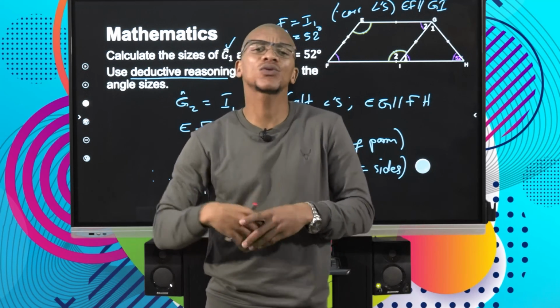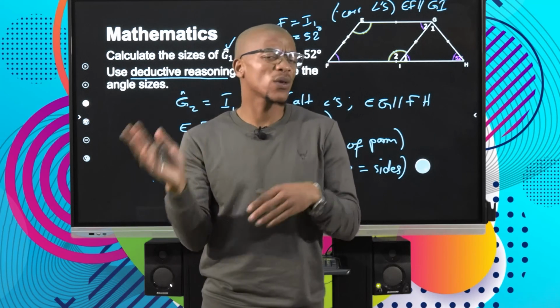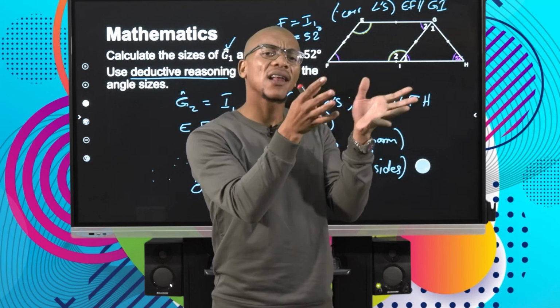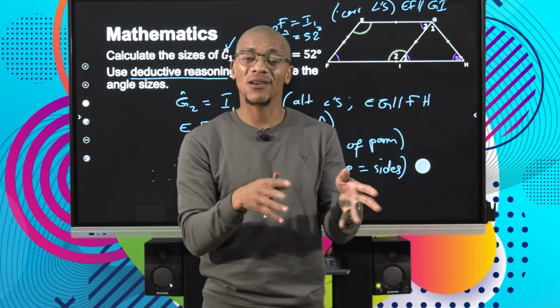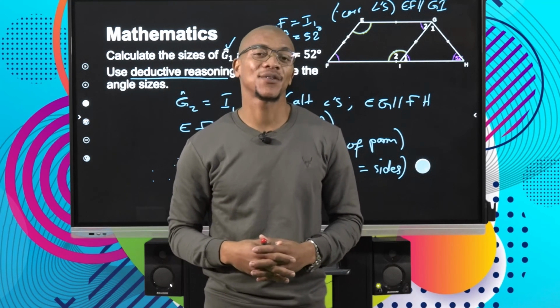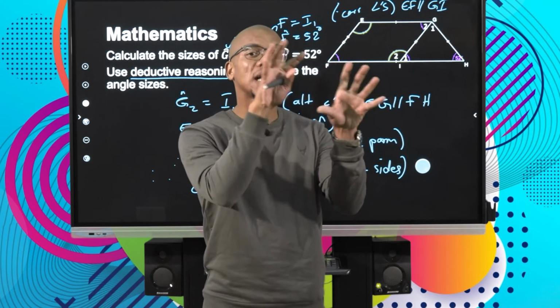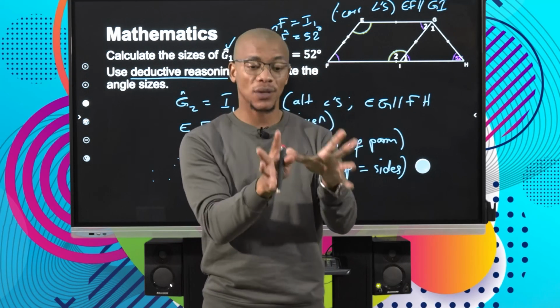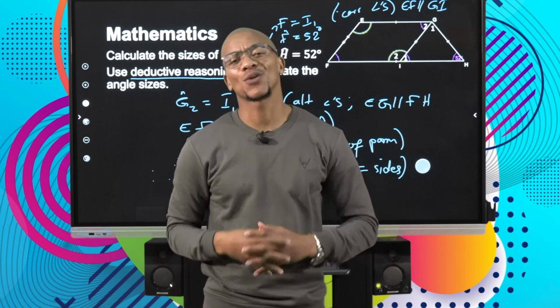Because if you go straight to trying to answer the question without understanding the relevance of the statement on the diagram, it will be difficult for you. So make sure you interpret the statement, put it on the diagram, and then answer the questions from there.